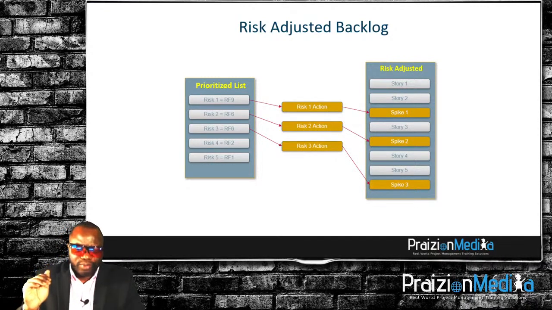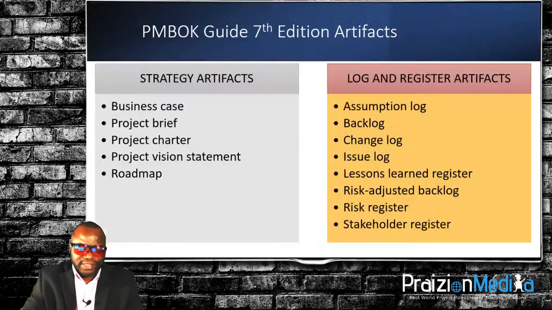We take the approach of using spikes or elements in our backlog that help us go after those risks to avert disaster on the project or to prevent whatever risk we are observing from happening, to minimize it, to make sure that even if the risk does happen, the effect isn't as much. And that's this risk-adjusted backlog concept, right?